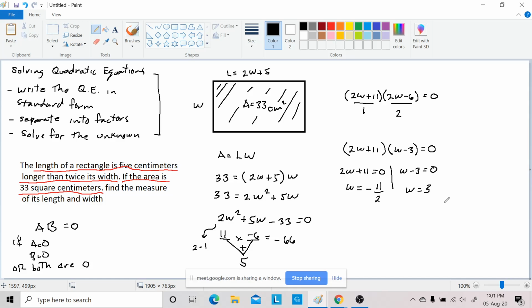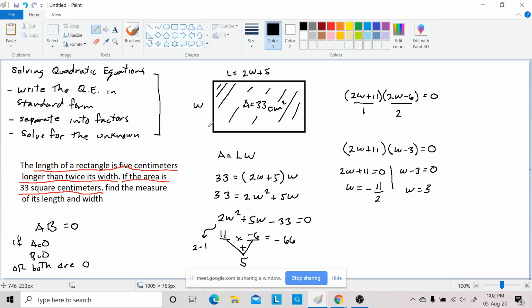Since this rectangle is a physical object, something like this, as you can see, we can take measurements. This side can be measured and this side can be measured.